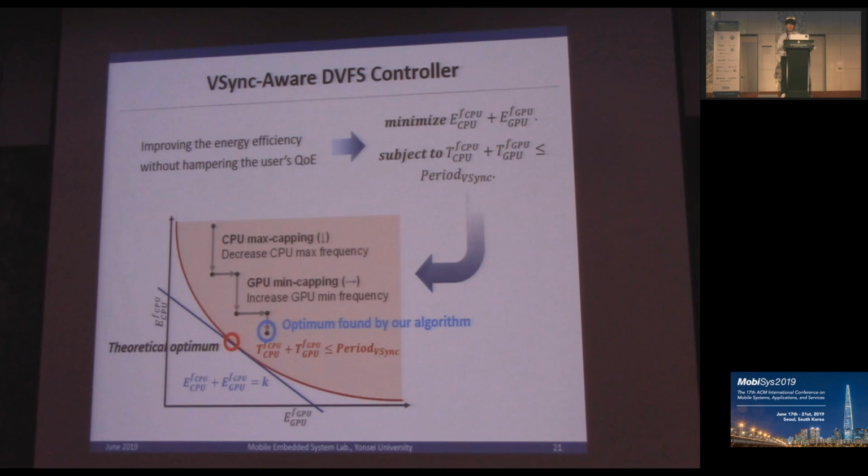This while meeting the deadline, and this equation theoretical optimum point where but as the CPU and GPU frequency is discrete in real mobile system, so the point where the optimal frequency of CPU and GPU exists is existing somewhere different place.